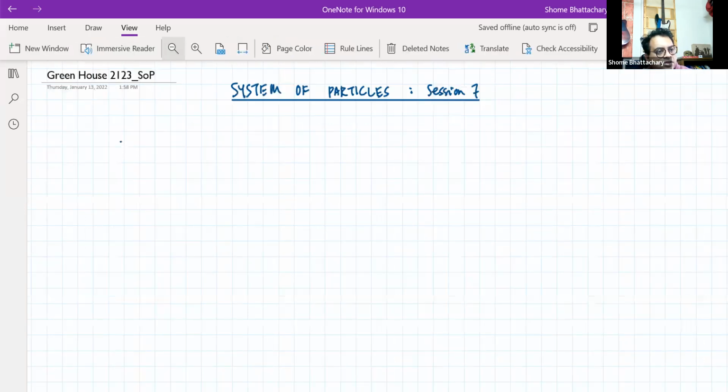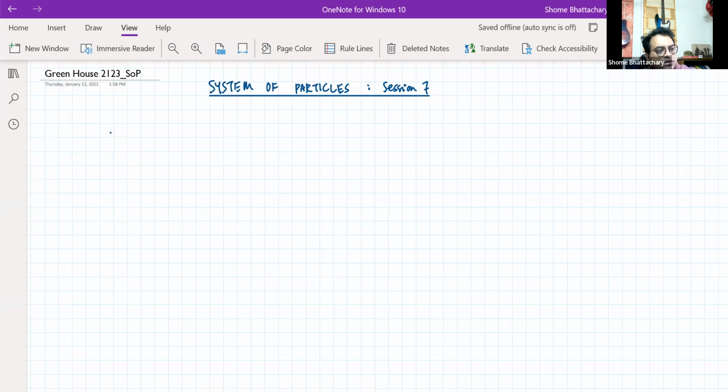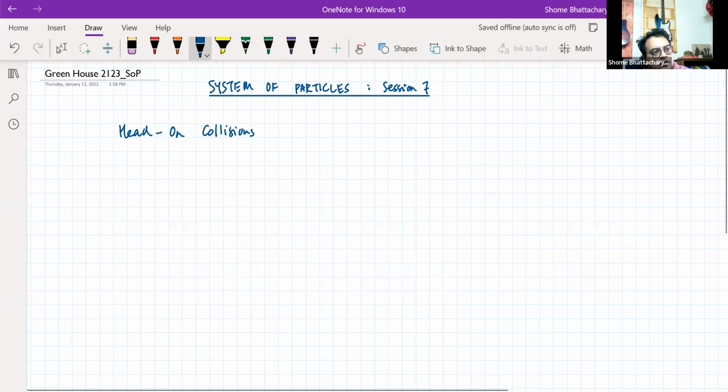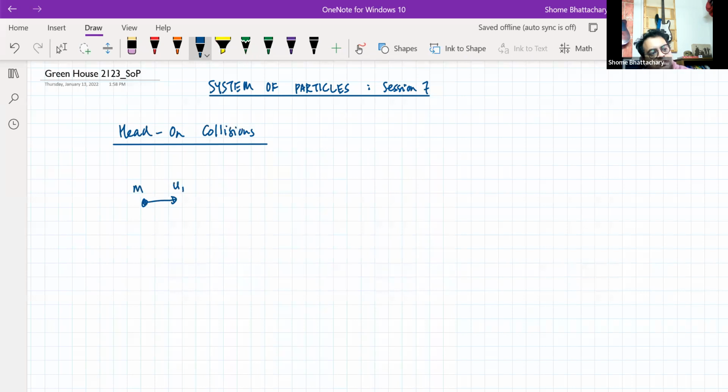Okay, so let's discuss some general properties of head-on collisions. What we see in the case of head-on collisions is that whatever be the situation with energy, whether kinetic energy is conserved or it is lost, momentum is always conserved.